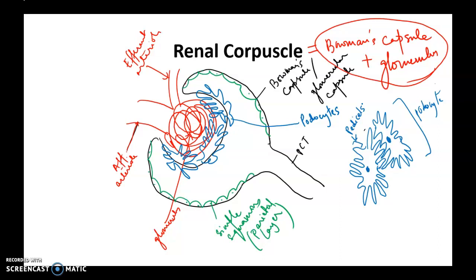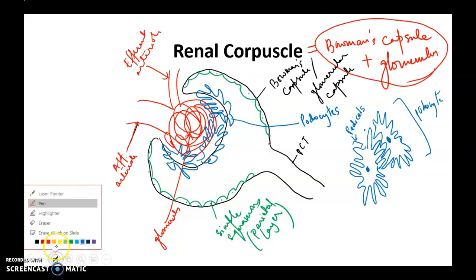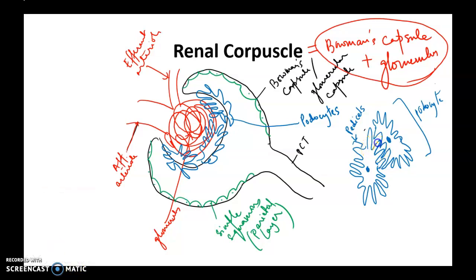I want you to understand that the pedicels interdigitate. Do you see this area? Do you see this part? Actually, I should highlight with a different color. Do you see this part and this part? Do you see how they're interdigitating? So the pedicels interdigitate.